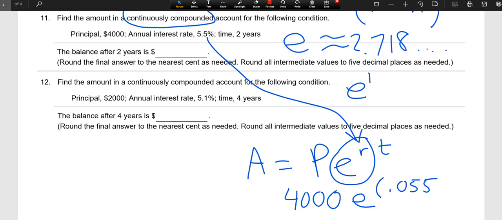If you put 1.055 in there, guess what? You're going to be more than doubling your money. Fantastic, but completely unrealistic. Remember, in the other formula, it had 1 plus R over N. We don't have that in this. So, use your machine and see if you can come up with the value.